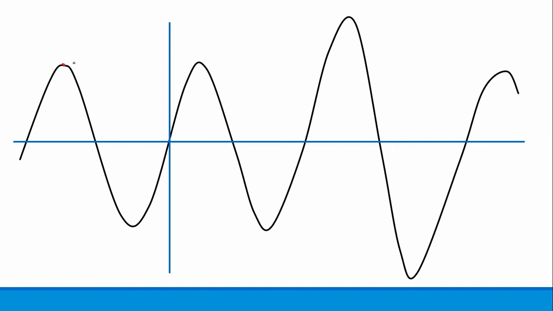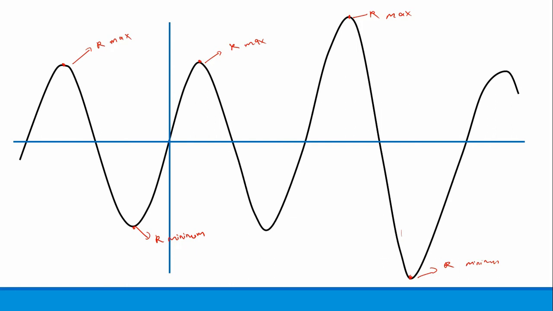This point is called a relative maximum, while this one we call a relative minimum. Similarly, in this case, this point is a relative maximum, and this one is also a relative maximum, and this one is a relative minimum. Okay, relative maximum and relative minimum.